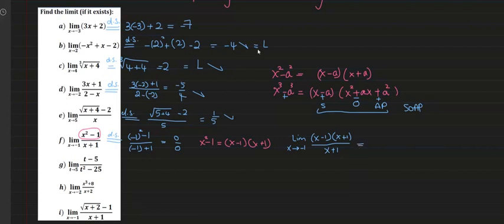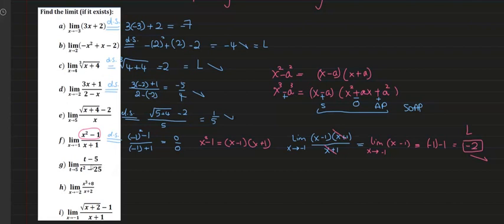Now it's obvious that we can simplify the factor x plus 1 with the x plus 1, and we will be left with one factor, which is x minus 1, as x is approaching -1. So here it's going to be -1 minus 1, which is -2. We found the value that we seek for the capital L after the simplification and the cancellation.